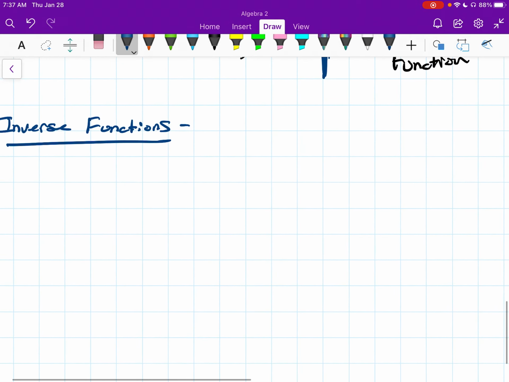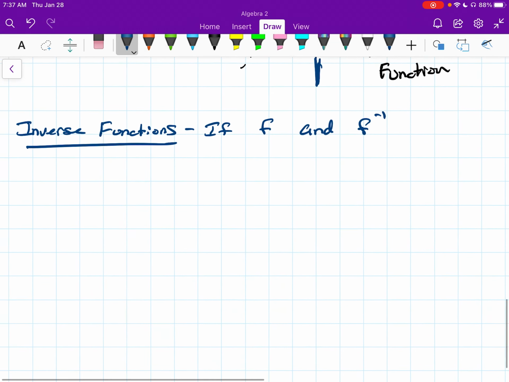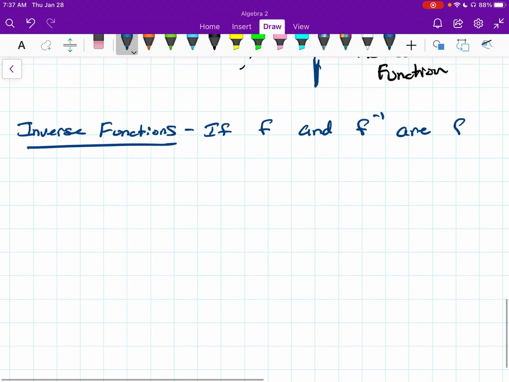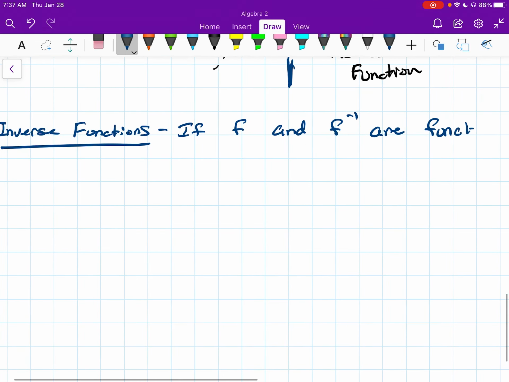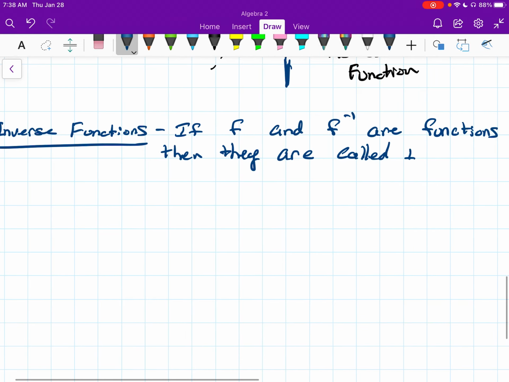So we say if f and f inverse, that's what that means, are functions, then they are called inverse functions.